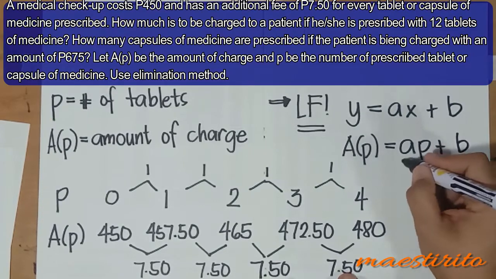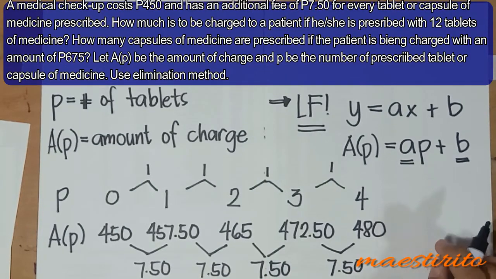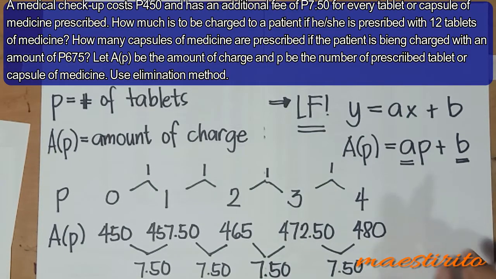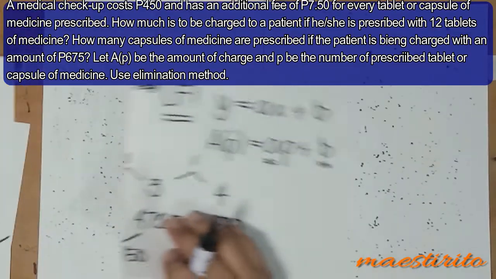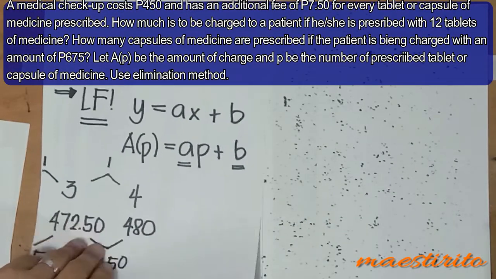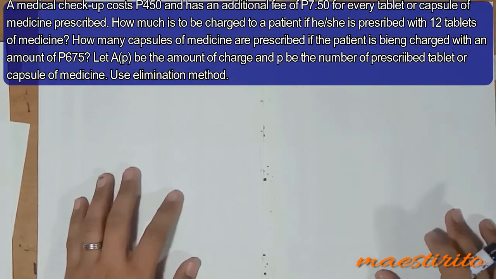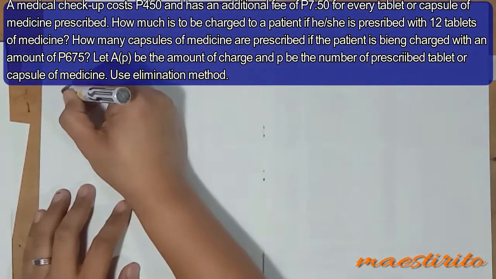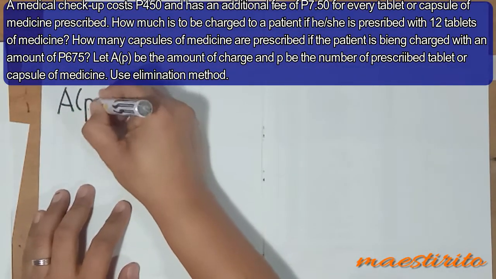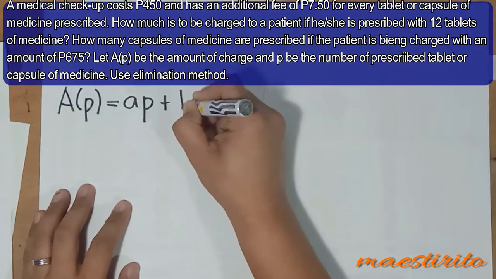And we will now proceed to finding the values for a and b. Let me write again our guide to find the pattern for this problem.